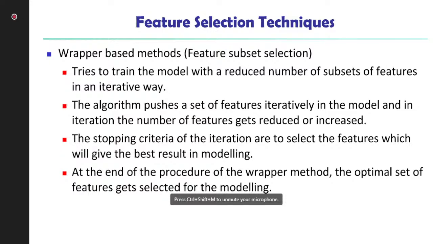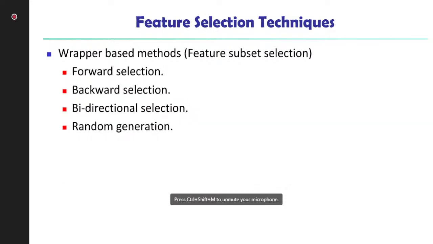So there are three ways. There are four, though, but the famous ones are only two. Others are just combinations of them. So what does forward selection say? If we have n features, we initially pick one of them, right? And we feed that feature to the machine learning algorithm and see how much performance it produces, right?